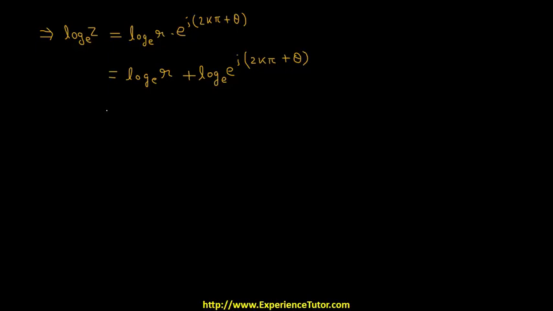Now we can write log e to the power r as log modulus z plus i (2k pi plus theta).